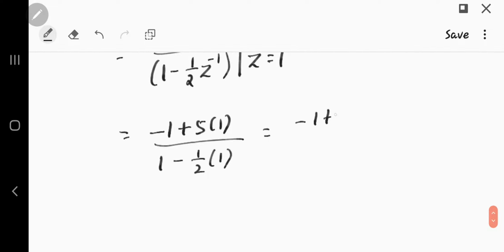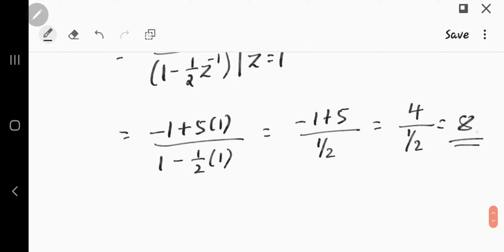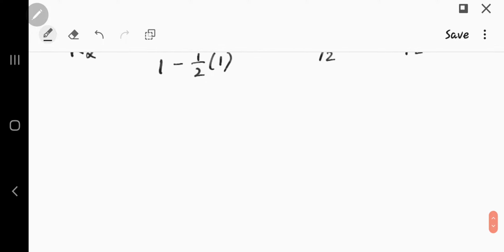So minus 1 plus 5 divided by 1 minus 1 by 2, which is 1 by 2. That leaves minus 1 plus 5, which is 4, divided by 1 by 2. The 2 goes to the numerator, so 4 into 2, which gives 8. Now the value for k2 is 8 and the value for k1 is minus 9.